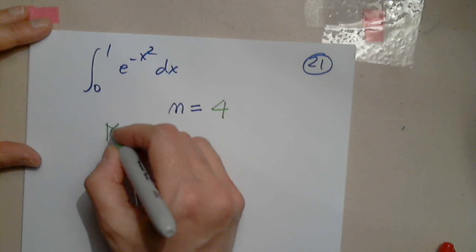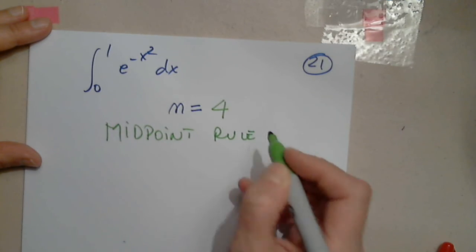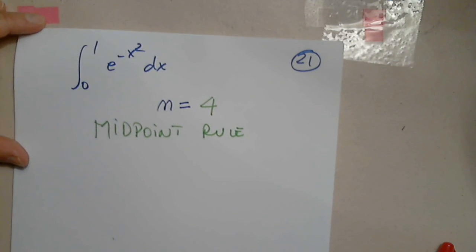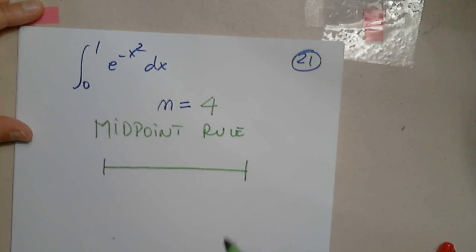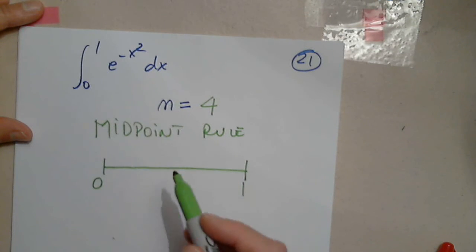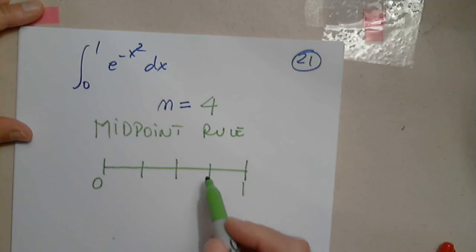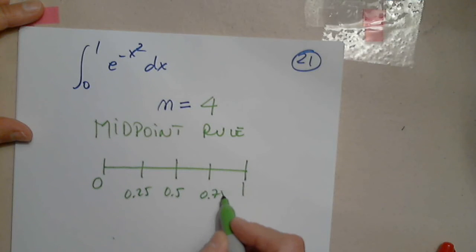And we're going to use the midpoint rule. We just used it, I didn't tell you it was the midpoint rule. What does that mean? It means that I divide the interval between 0 and 1 into 4 equal pieces. So this is 0.5, this is 0.25, and this is 0.75.